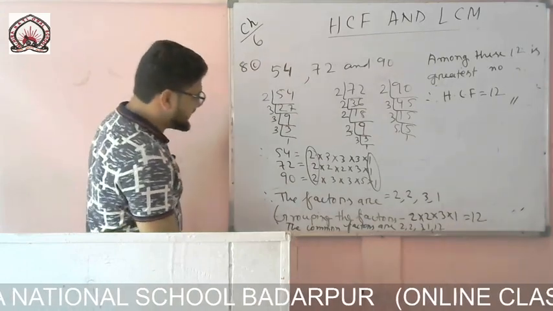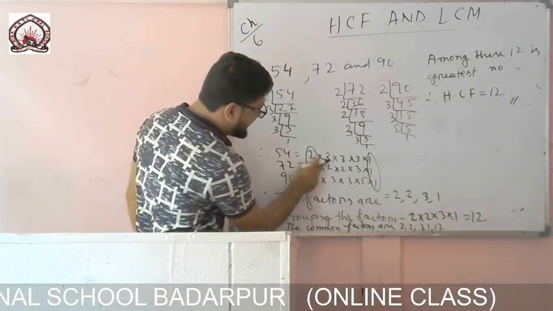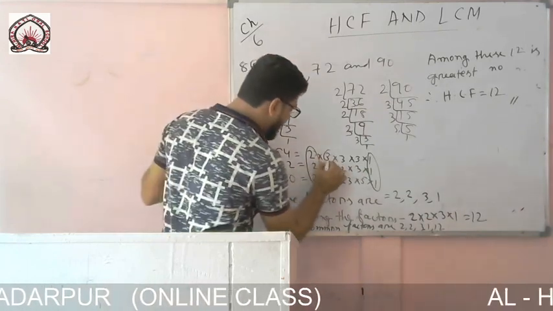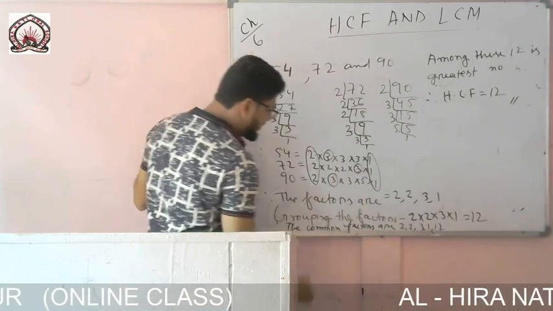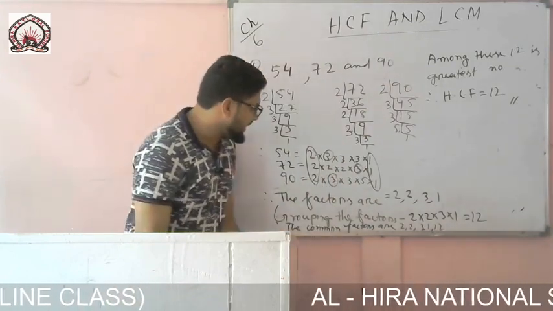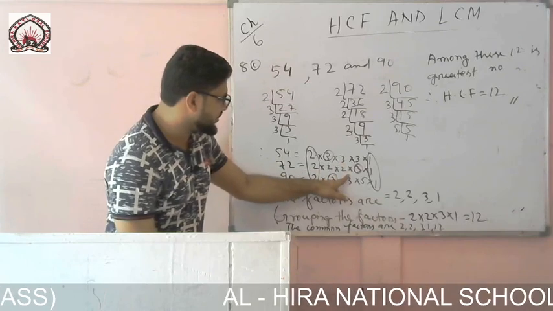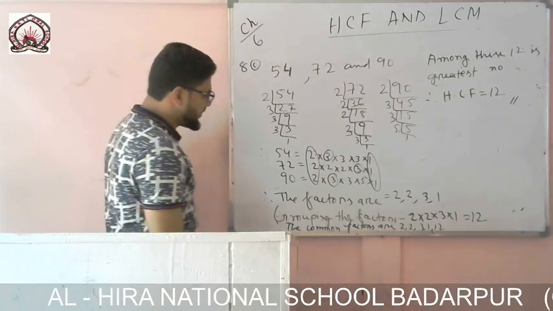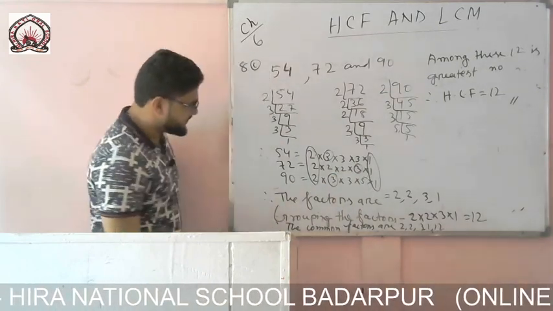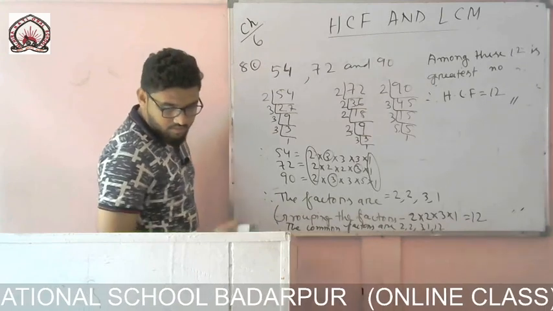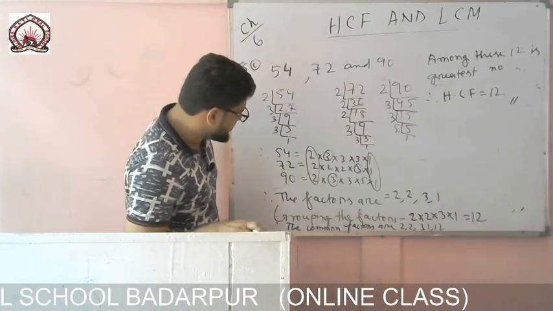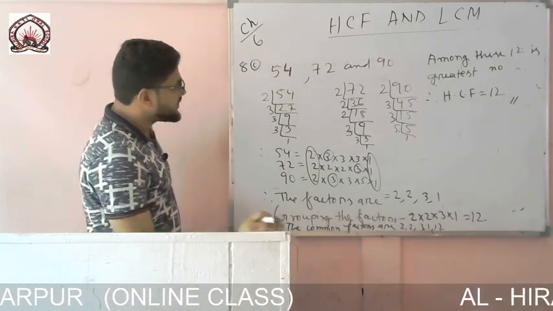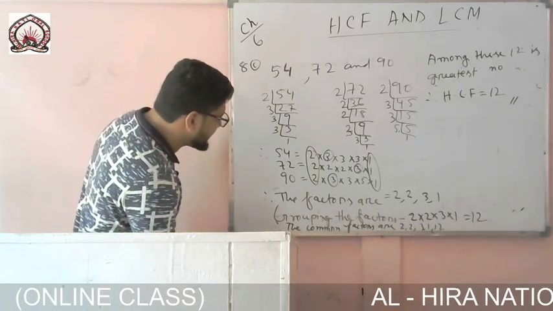Then here 3, here 3, here also 3. Is there any more 3? Here 3, here no 3, here 3, so I cannot take this one, so only these things. Another 3 is there, I think.